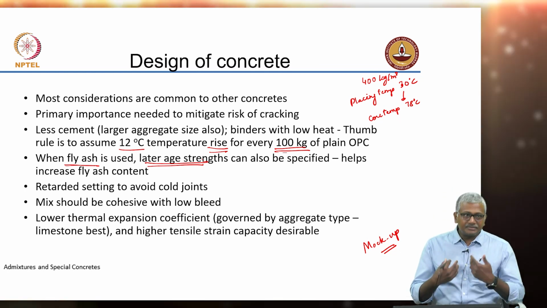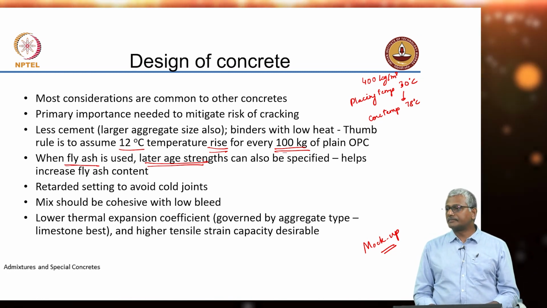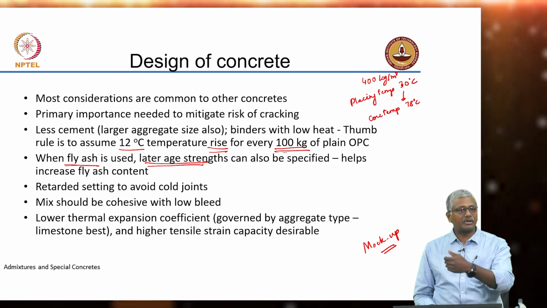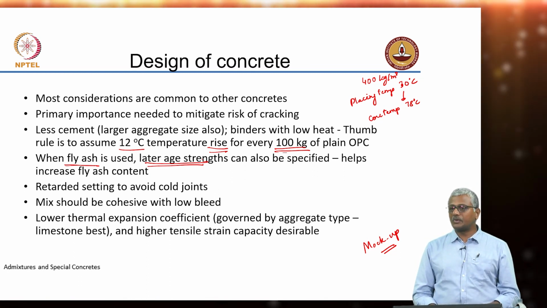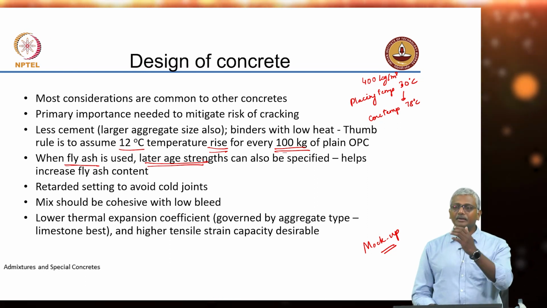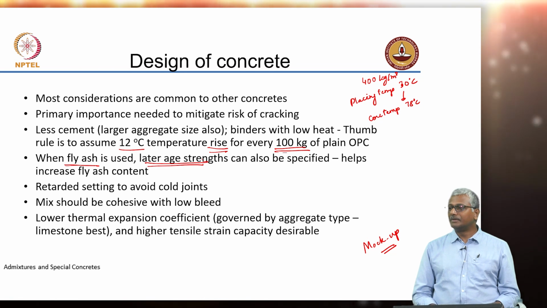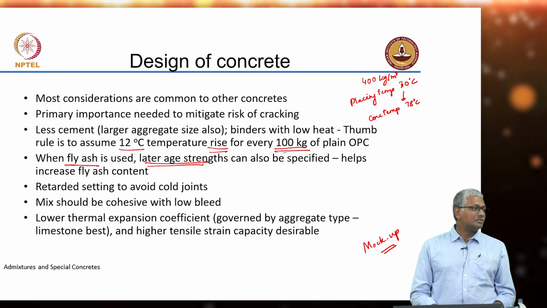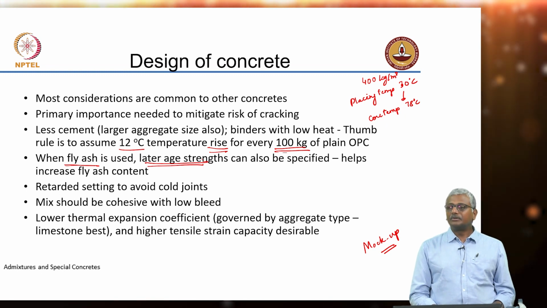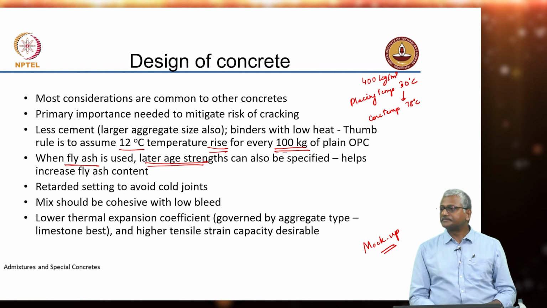So, why not delay our strength expectation to 56 days or 91 days? Why do we want to get stuck with this 28 day? Again, another thing that you will have to discuss with your bosses and the people who actually make the financial decisions, because waiting longer for the strength means that you may have to do a little bit more curing.